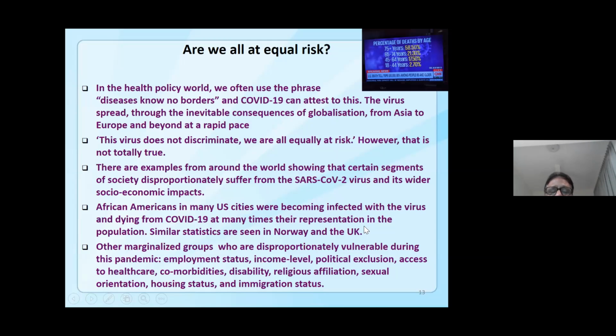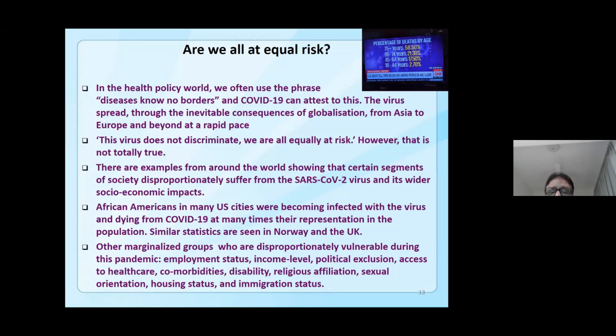At many times, their representation in the population. Similar statistics have been observed in Norway and the UK. Other marginalized groups who are disproportionately vulnerable during this pandemic include those based on employment status, income levels, political exclusions, access to healthcare, comorbidities, disabilities, religious affiliations, sexual orientation, housing status, immigration status.